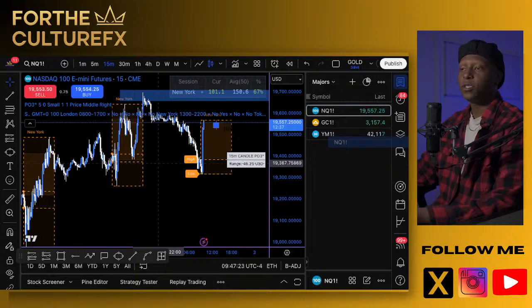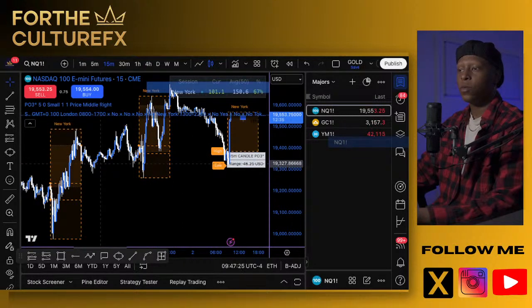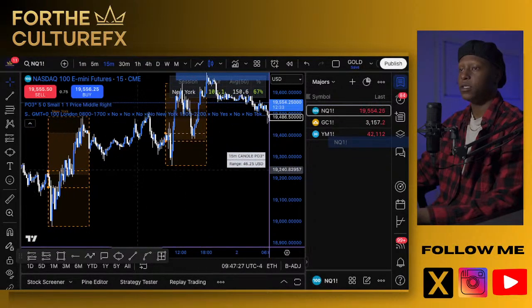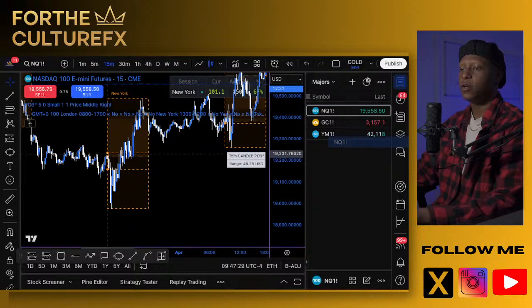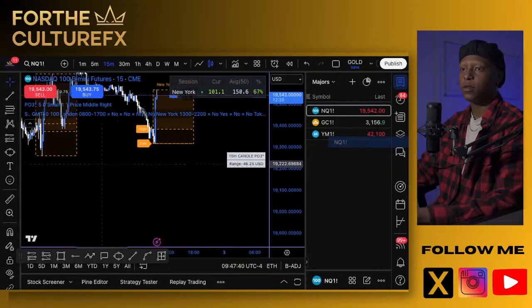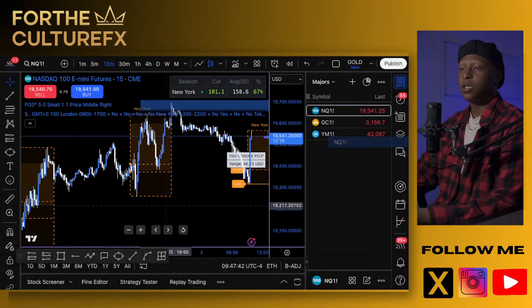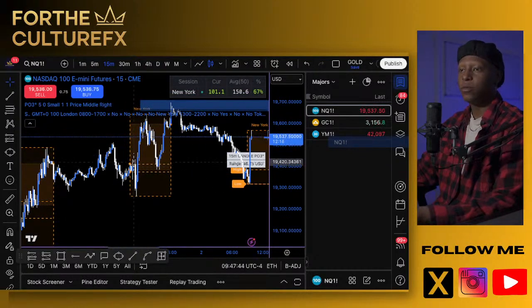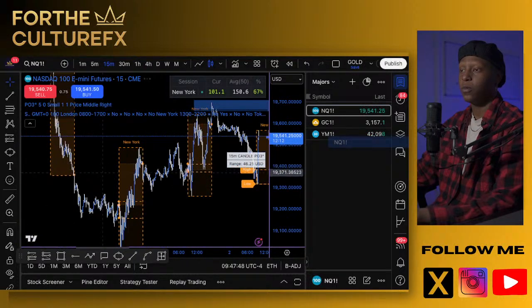There's a 70% chance that price takes out one area and goes in the opposite direction. So like you can see here, we got this low taken out, then price took out the high right there. Actually, yesterday was different. We took out the high, then we took out the low, and then went back up and broke the highs. So that one, we flipped 3 times.